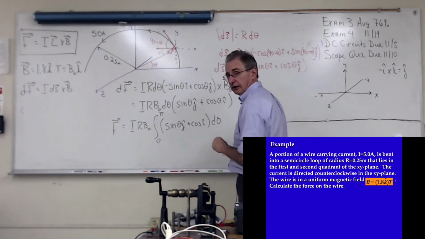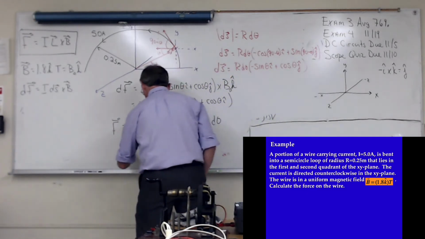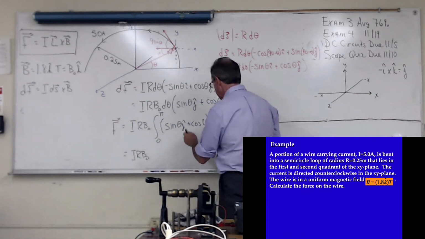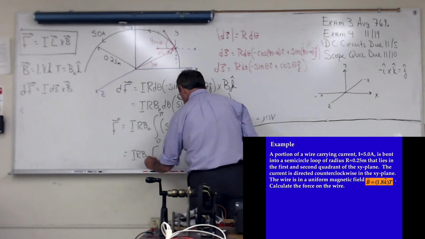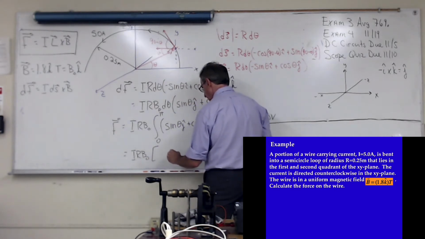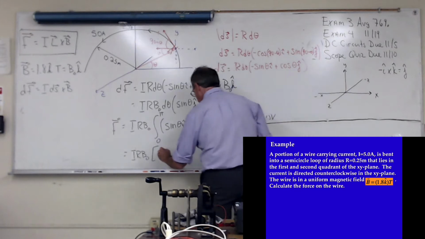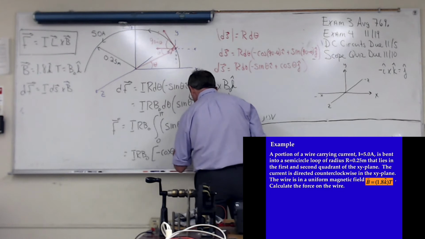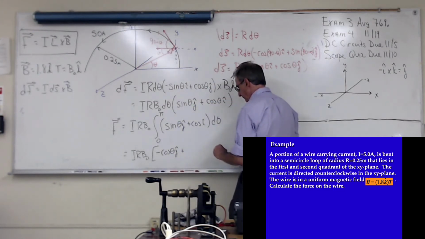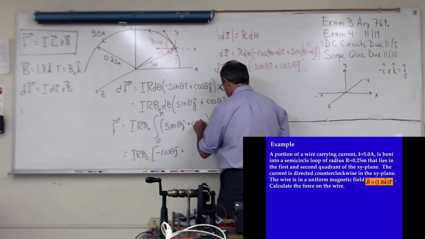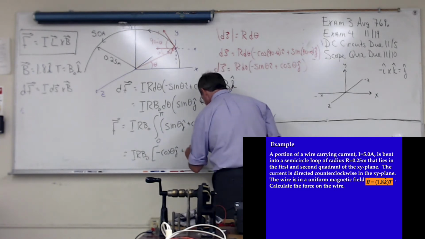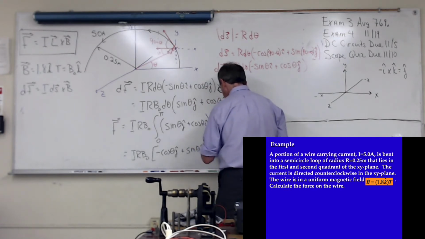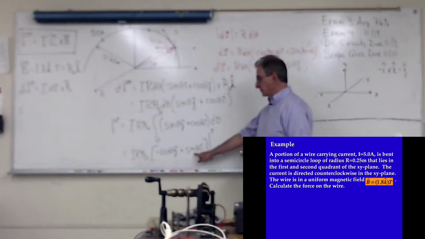So when I integrate, I'm running out of space. When I integrate sine, what do I get? Negative cosine. Okay. And when I integrate cosine, you just get sine. Okay. Let me focus on the second term.